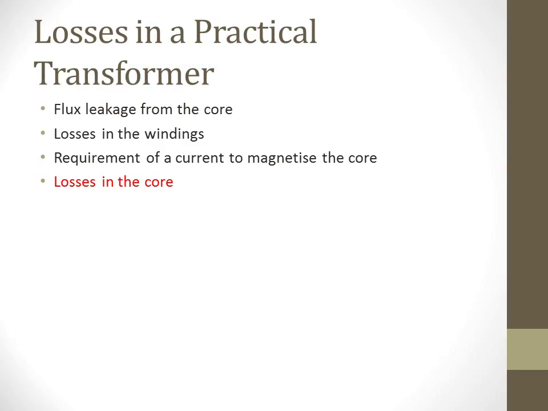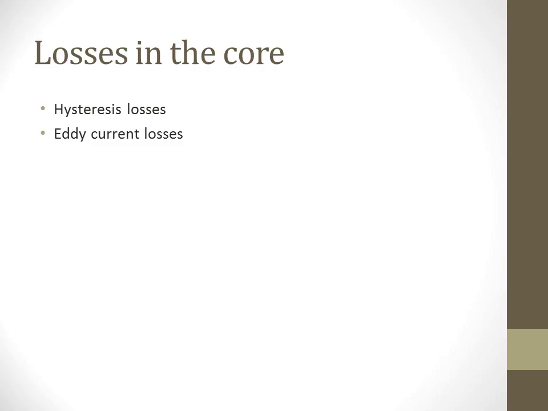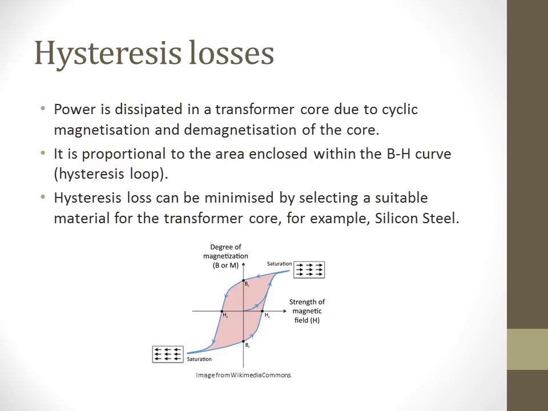Finally, we come to the losses in the core. Core losses are two types: hysteresis losses and eddy current losses. The hysteresis losses are due to the cyclic magnetization and demagnetization of the core.